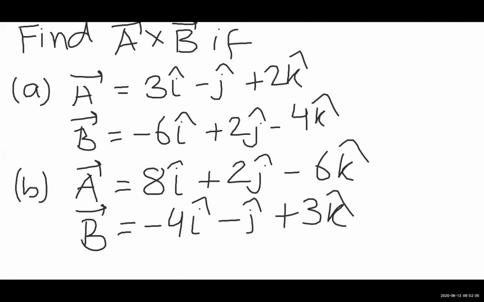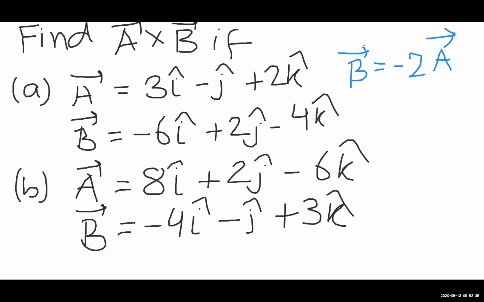I was just playing with you guys. The reason is that if you look carefully, then vector B is minus 2 times vector A. And I was hoping somebody would figure that out.